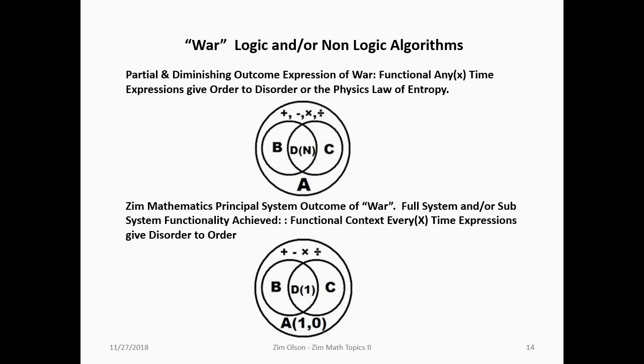But here with Zim mathematics, principal system outcome of war, full system and or subsystem is achieved, where functional context, LEX, time expressions give order to disorder to order, and I feel there's an expressionable time series for functional context that can be used to be applied to conflicts, given NEX conflicts.